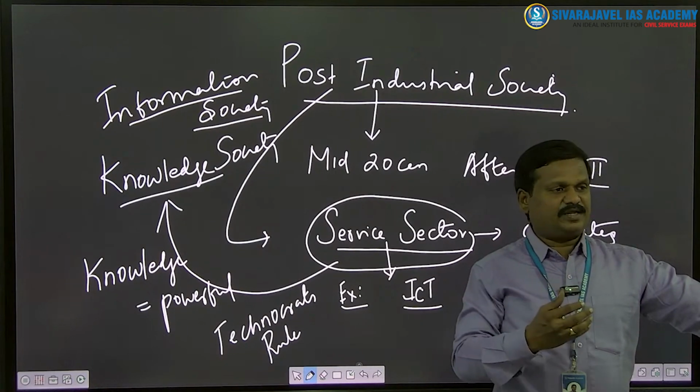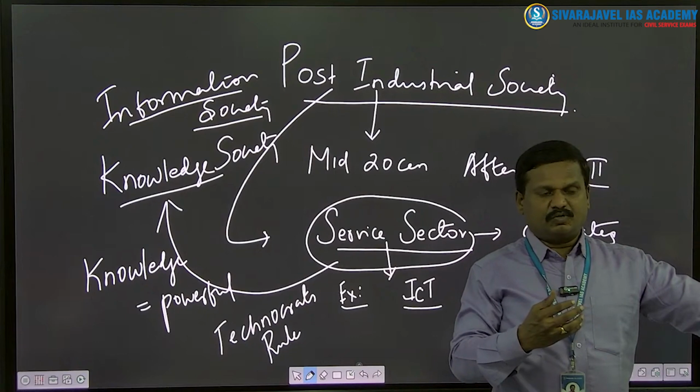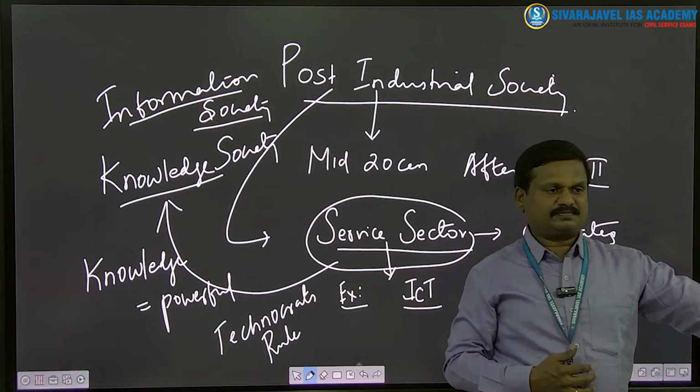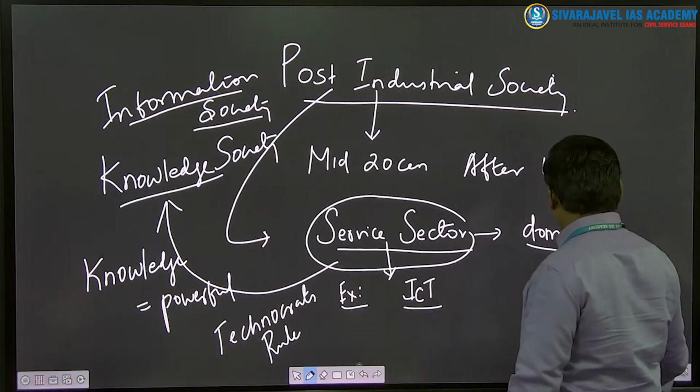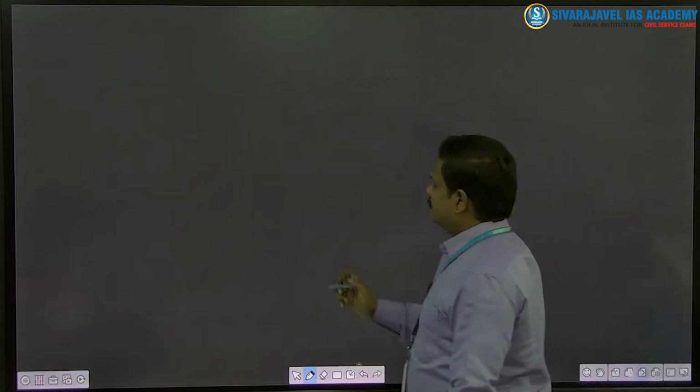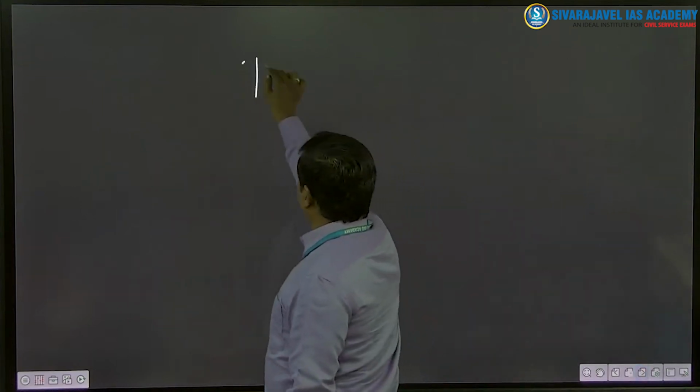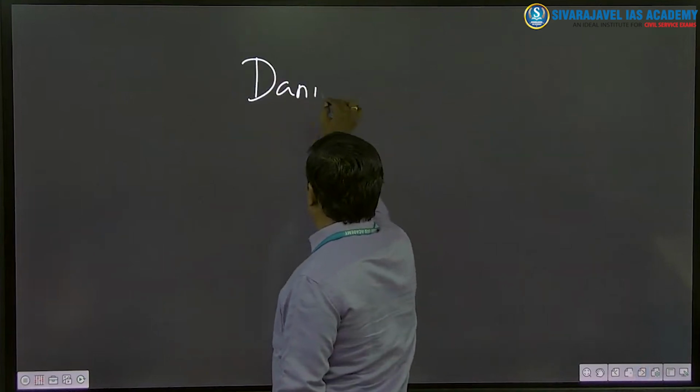In this society called the post-industrial society, there is one sociologist named Daniel Bell.